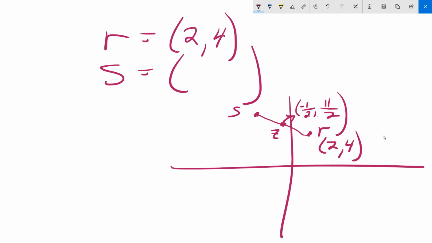Z is the midpoint. So first of all, how far is the x-coordinate of Z from the x-coordinate of R? 1/2? Does it look like 1/2? No. What is it? Like 2? All right, what you want to do is subtract the x-coordinate of R to figure out how far apart they are. You want to subtract them.